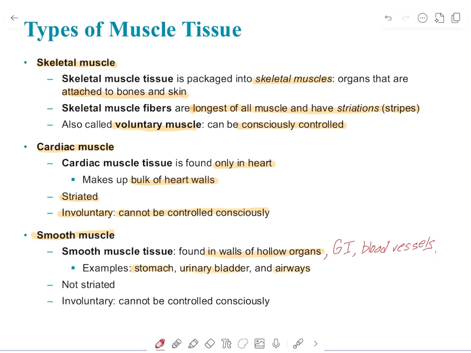So we can add the urinary system here, as well as the respiratory system. So, for example, the bronchioles have smooth muscle in their walls. Smooth muscle is the only one of the three that is not striated. And again, it's involuntarily controlled, so it cannot be consciously controlled.